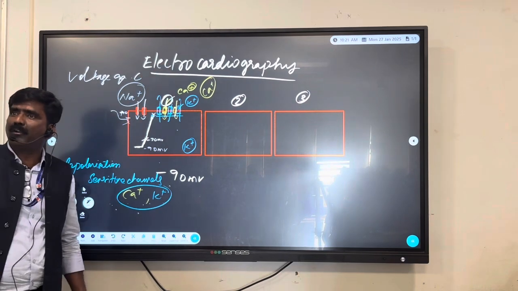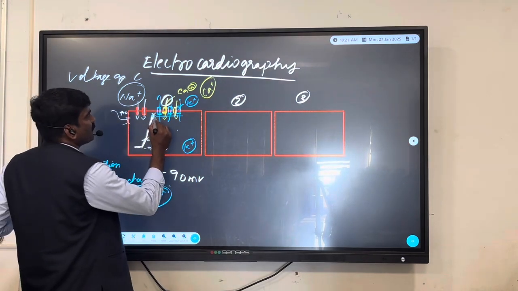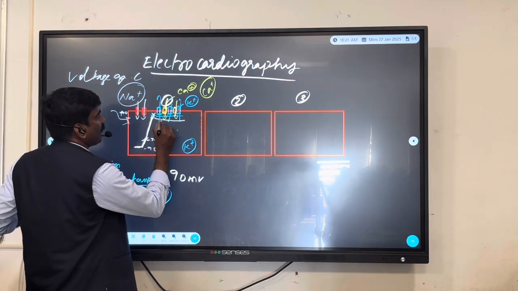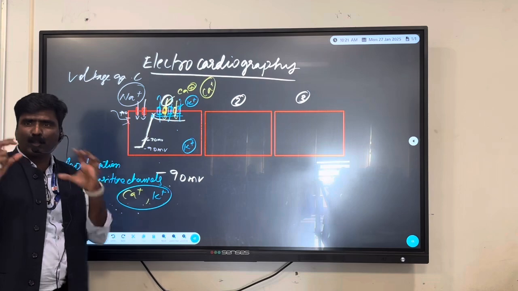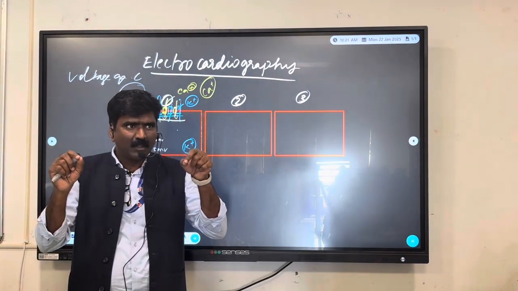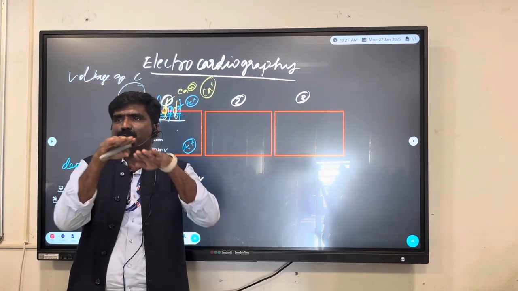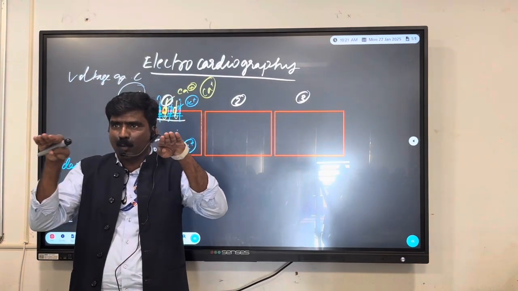So for a period of time, there will be no potential difference or change in the cell. The net potential will be the same for a period of time because the cell is gaining positive, losing positive. So for a period of time it will remain zero.